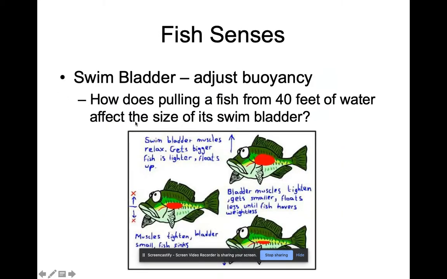What's happening is if I want to decrease and go down, the muscles around my swim bladder are going to tighten, making my swim bladder small. But as I go toward the surface, my swim bladder muscles are going to relax, allowing my swim bladder to overinflate.